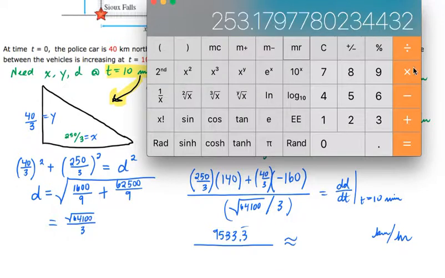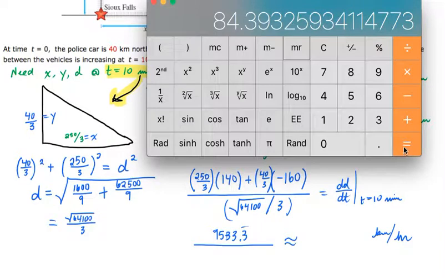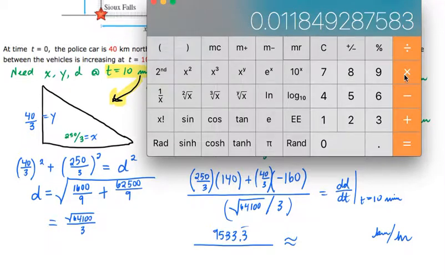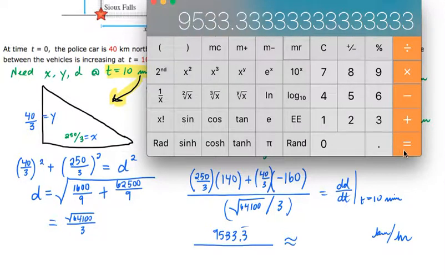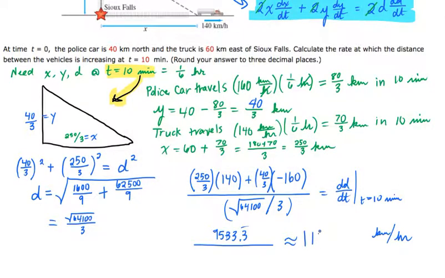Take the square root over 3 is 84.39, whatever. That goes in the denominator. Times the numerator, 9533.3333333. So we get 112.963, which is correct. Yay! So that is our final answer on this one.